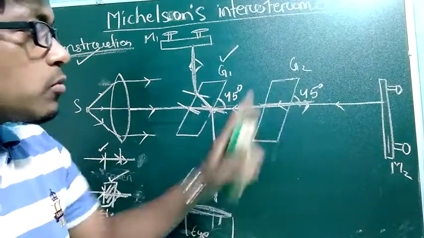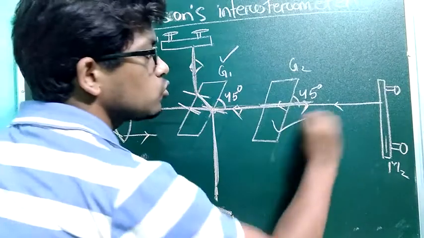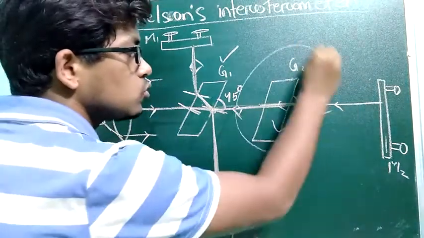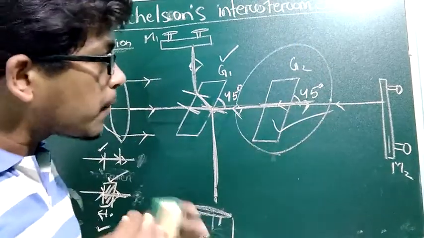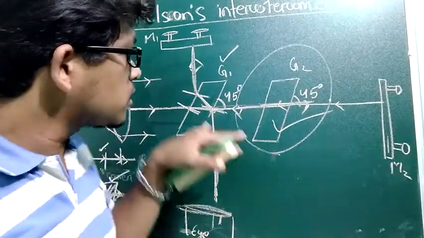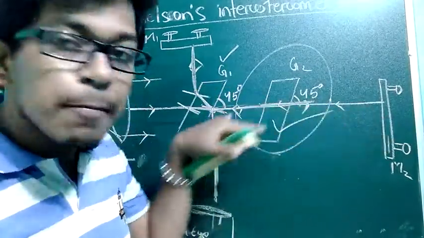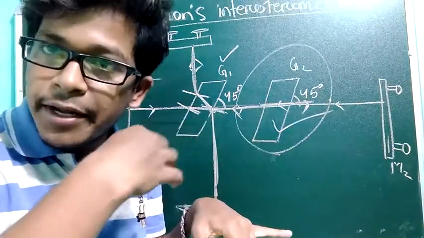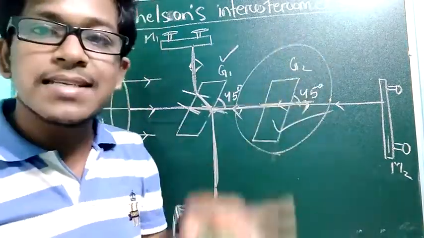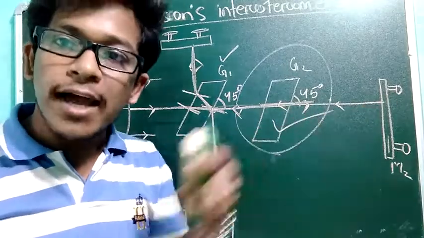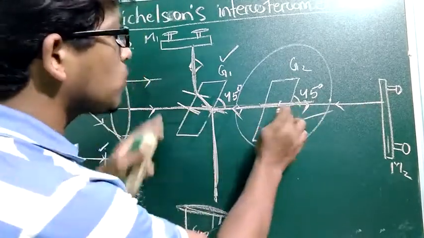More important is why we introduced G2. This is to compensate the path covered by these two lights, because here light is passing two times through a medium. Here light was not passing through any medium, simply air. If I introduce a glass, then light will pass two times through a medium. So it will be equal to this line.